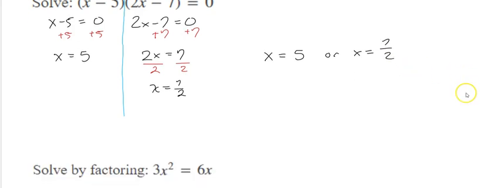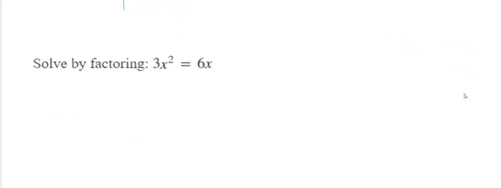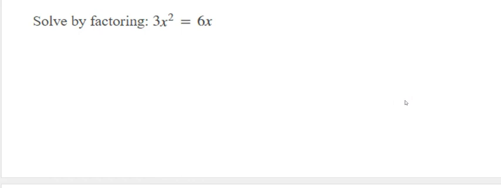Okay, let's go down to the next one. Notice we do have a quadratic equation. It's not in the form we like, so let's get it into that form. We want to get this 6x over to the other side.